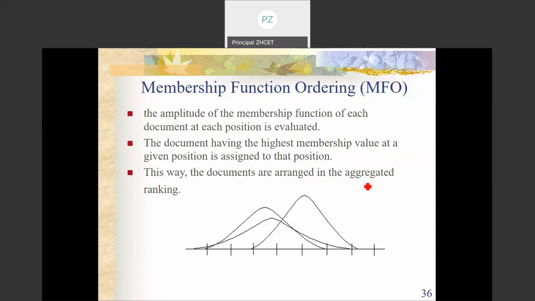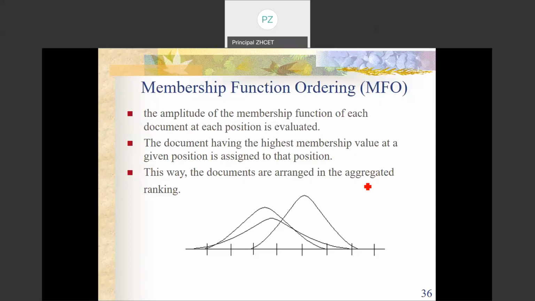And then the last one that we saw in the previous lecture was the Dubois and Prade method. In fact, the very idea with Dubois and Prade was that if considering the mean position of documents alone is as good or as bad as the Borda method, then maybe if we rope in the variance also, the variance of position of documents in the various lists, then it should improve because variance brings more information than the mean alone.